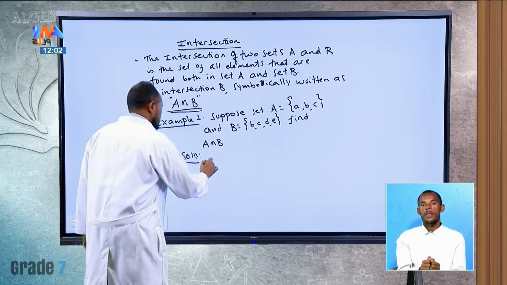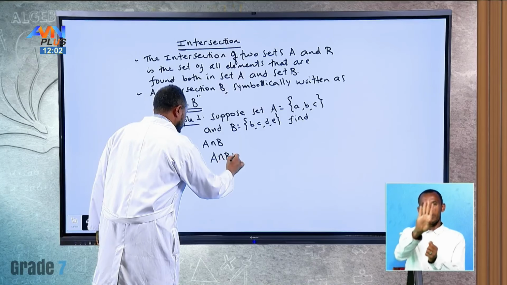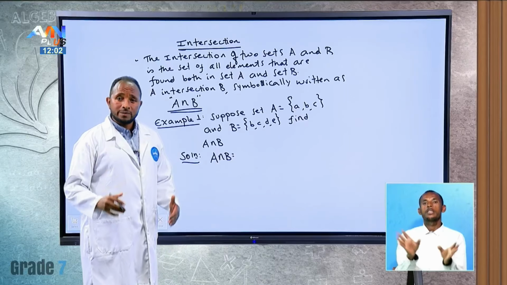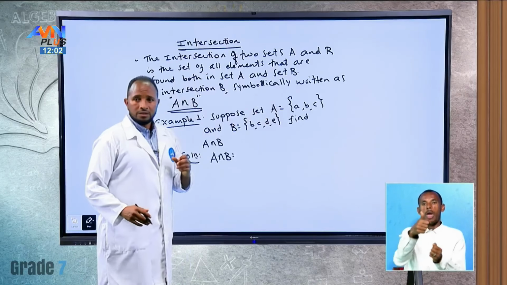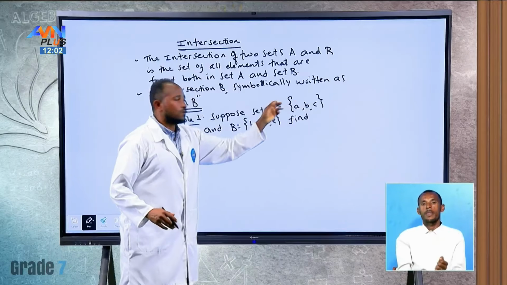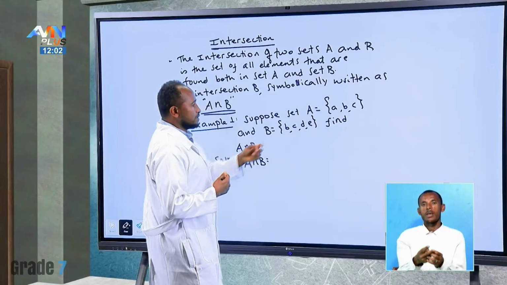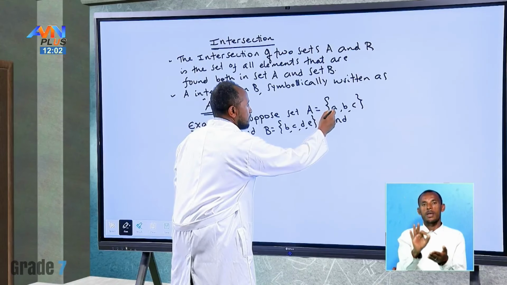Now let's see this question together. A intersection B means the set of all elements that are found both in A and B. You take the common elements for both. So search the common elements that are found in A and B. Is A found here?